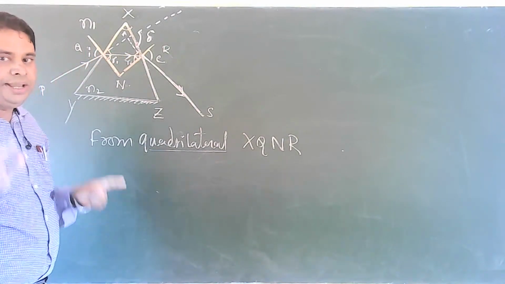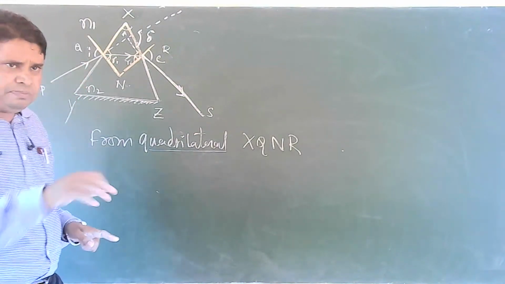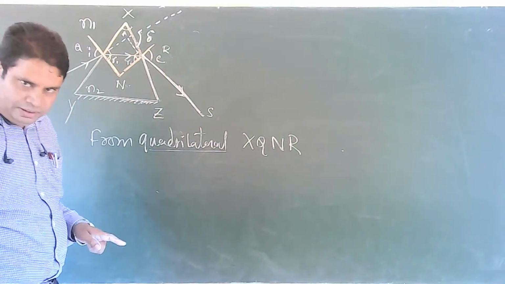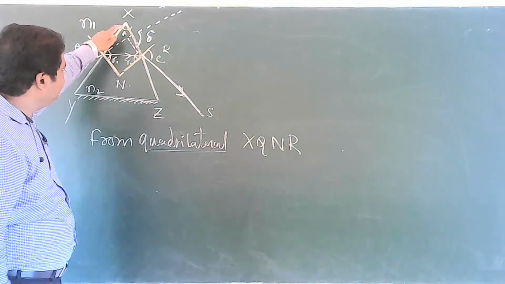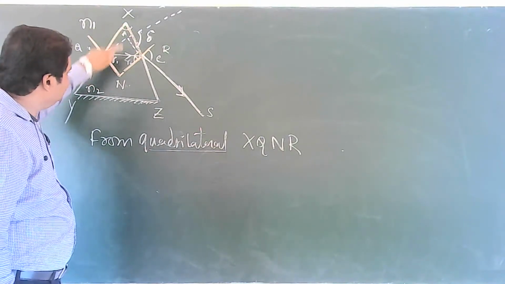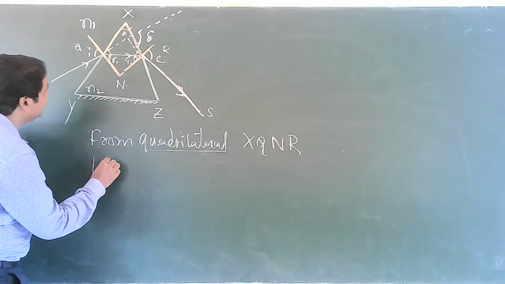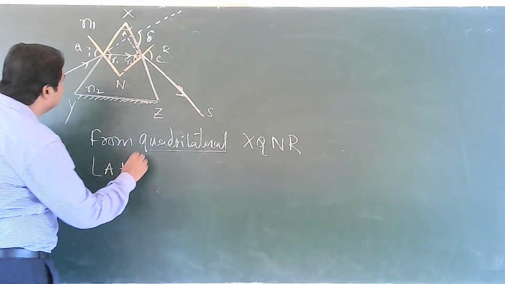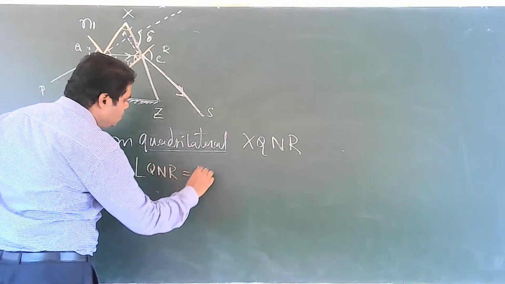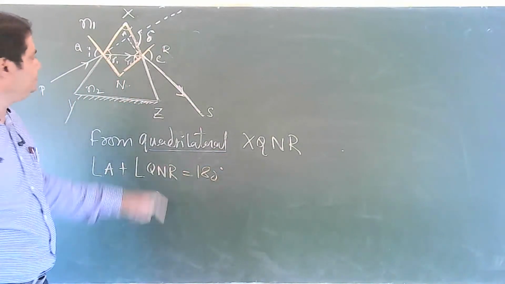No problem with that. In a quadrilateral, sum of all internal angles is equal to 360. If it is so, then angle A plus angle QNR must be equal to 180 degree. Why 180 degree?